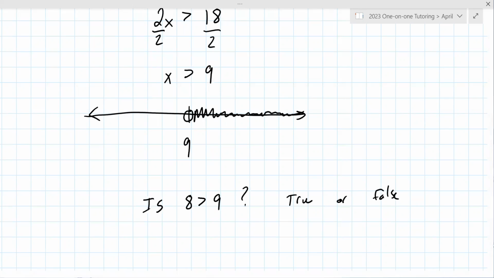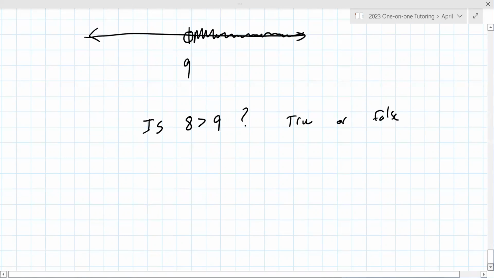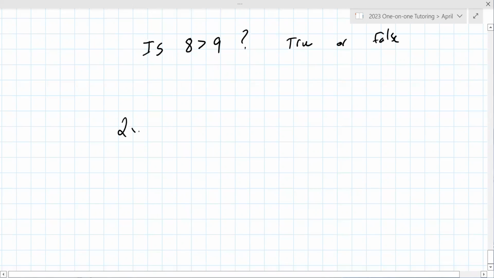Okay, I'll have you try one real quick in the time we have left here. 2x minus 3 less than minus 7. Do you want to try solving this one on your own?